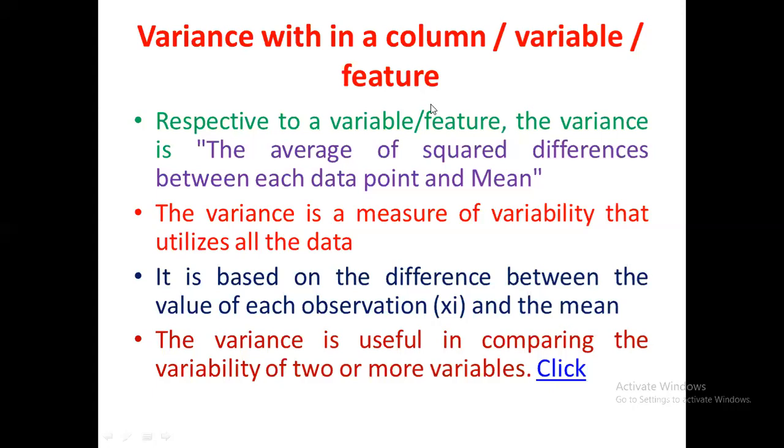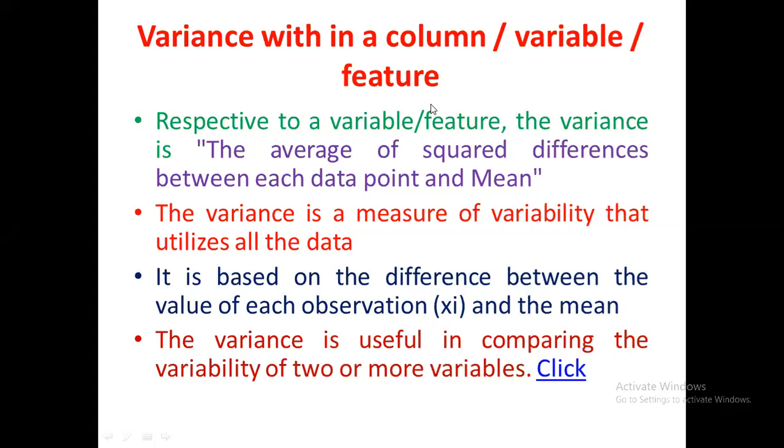What is the variance and what is the standard deviation on the data sets, with one example. Now see that variance can be applied within a column, variable, attribute or feature, that is, column-wise.